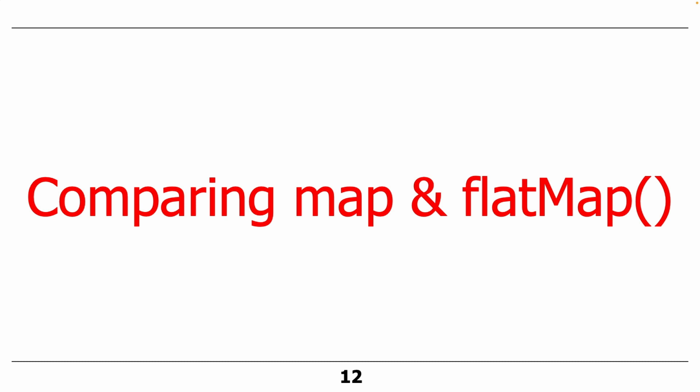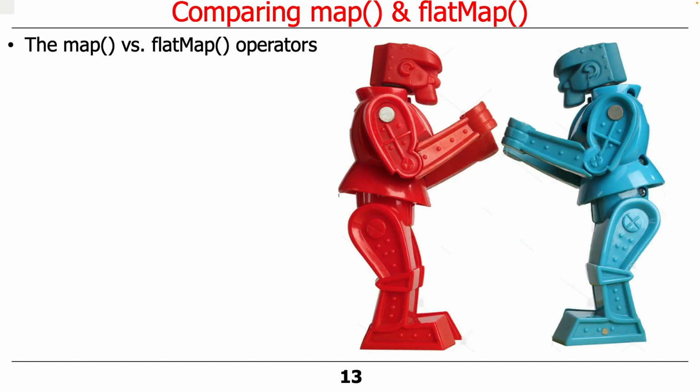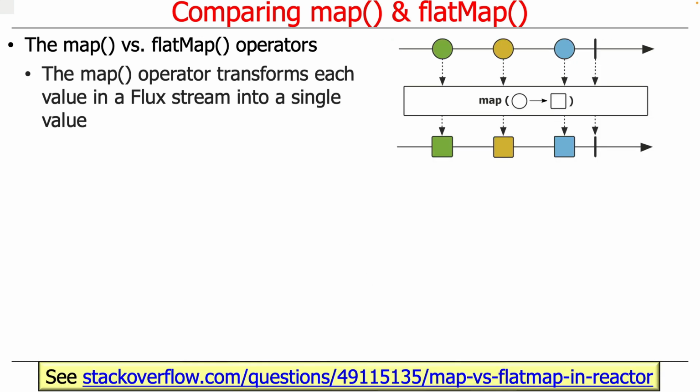Let's now compare and contrast map and flatMap. Anybody who is into old school 1960s, 1970s toys remembers Rock'em Sock'em Robots, which were this funny game. They were actually physical plastic robots, and you'd box them and you'd knock their heads off. It's kind of funny when you were like 7 years old.